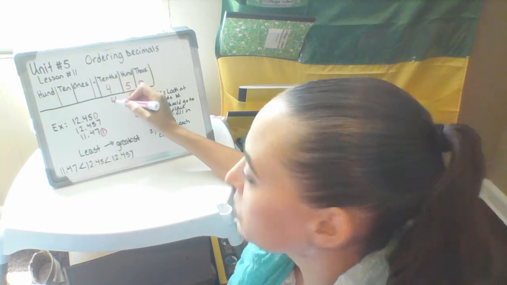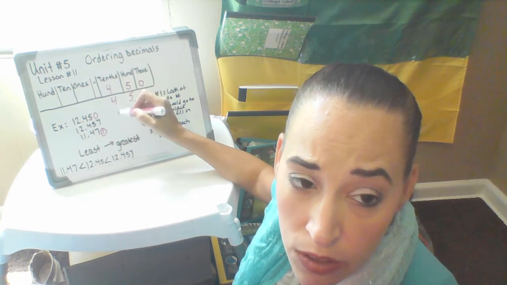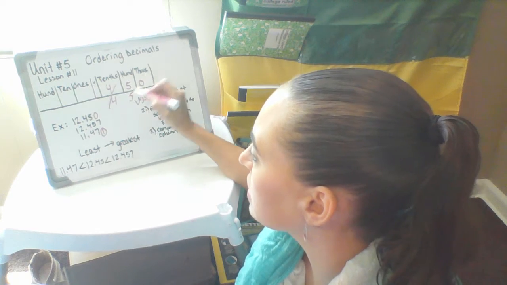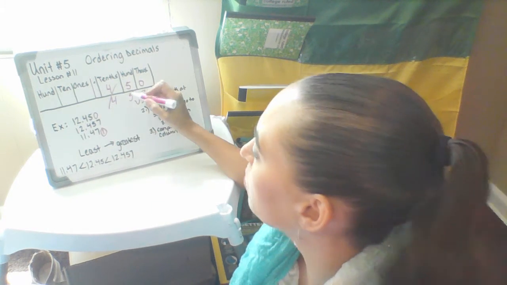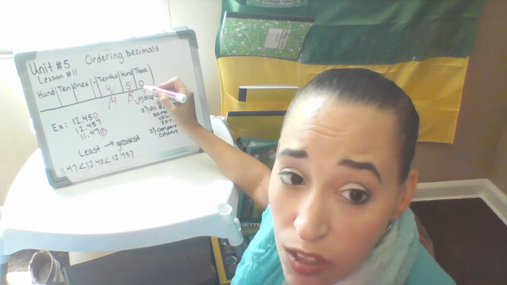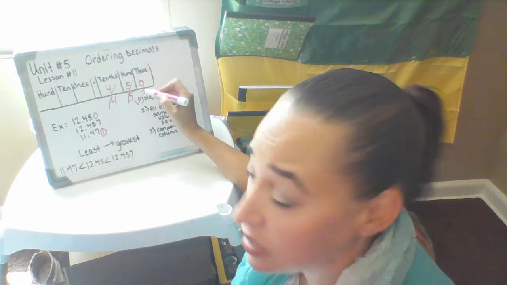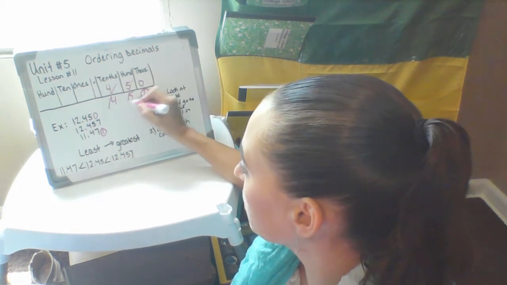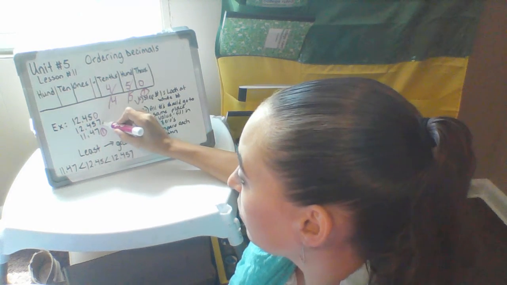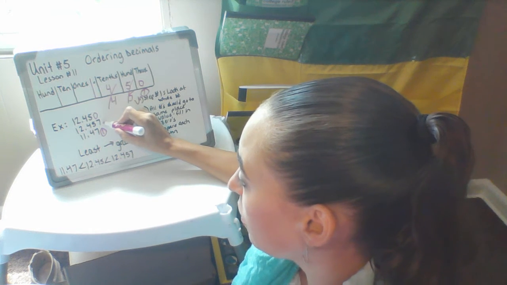This one's 4, this one's 4. Neither of them are greater, neither of them are smaller, so they don't help us. This one's 5, this one's 5. Same exact number, they don't help us. However, in this column, this is a 0 and this is a 7. This one's bigger, so that means this number's bigger. This came from this one, so this is the bigger number.